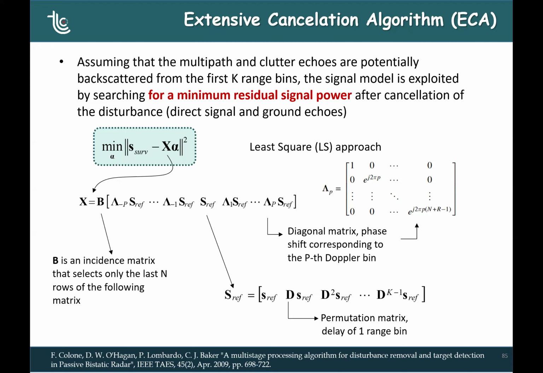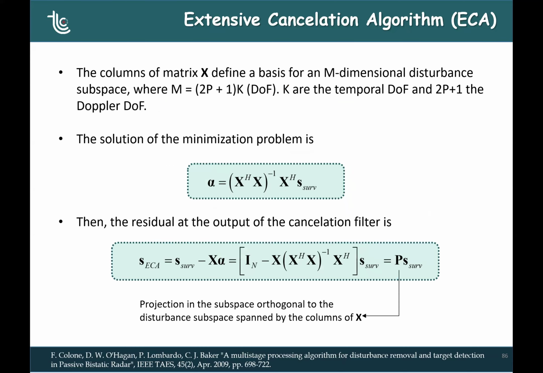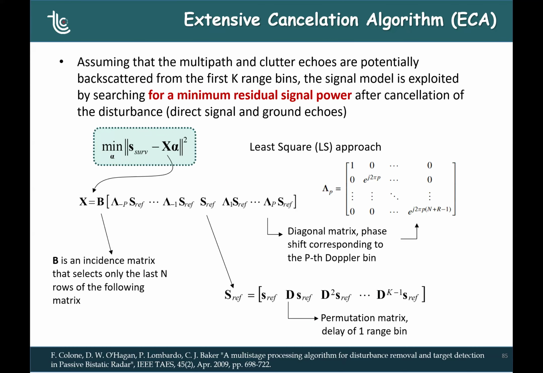It means that at the end, the difference S surv minus X alpha should contain mainly the components with a high Doppler shift. The components with high Doppler shift are the echoes of the targets that we want to detect. This algorithm is called ECA, Extensive Cancellation Algorithm.